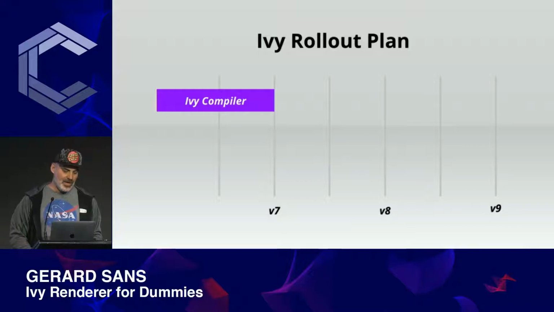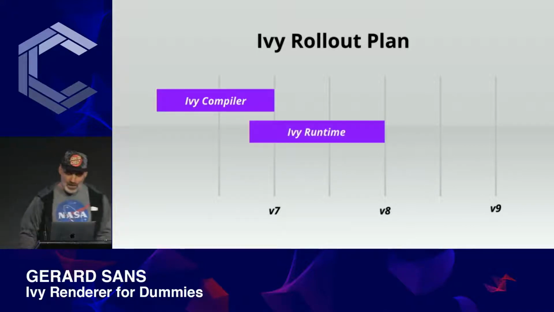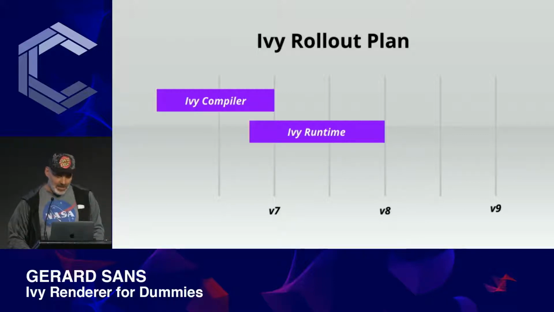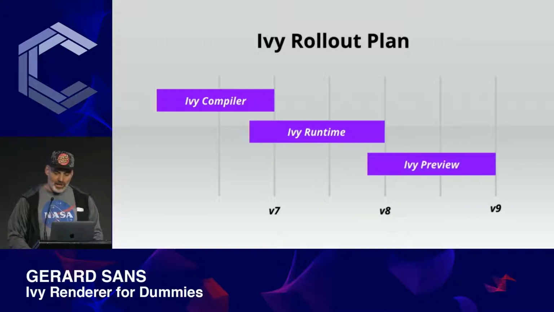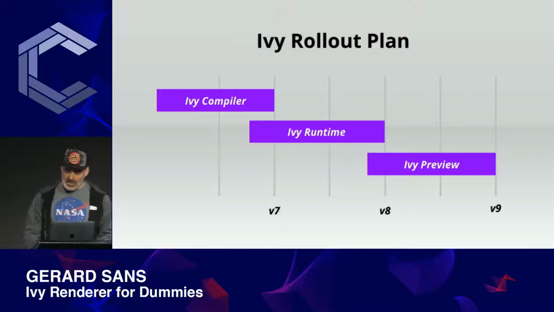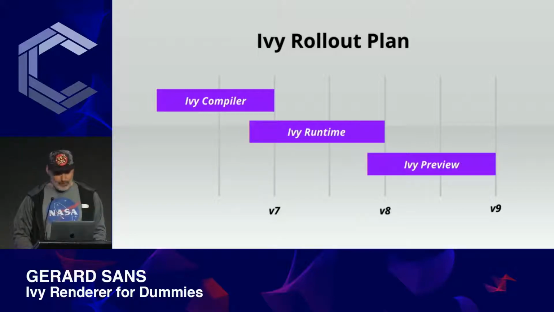The Ivy compiler was finished around version 7. Then we got the Ivy runtime, which was already released, and we are now in the Ivy preview stage. And if all goes to plan, we are going to have the new release around version 9. So this is the plan from the Angular core team.